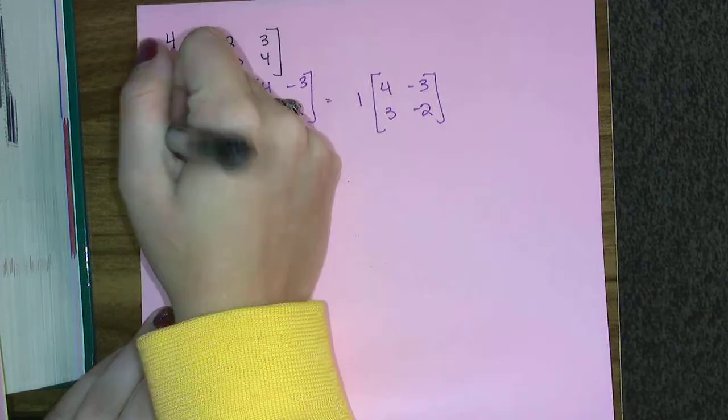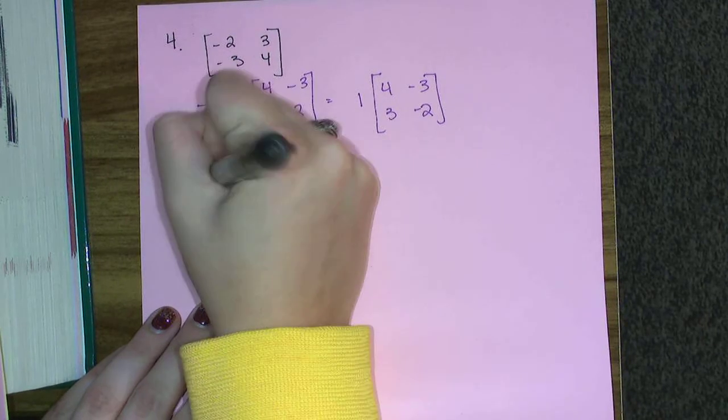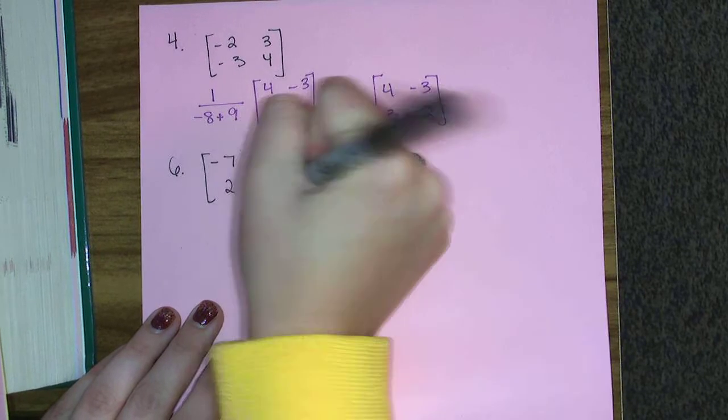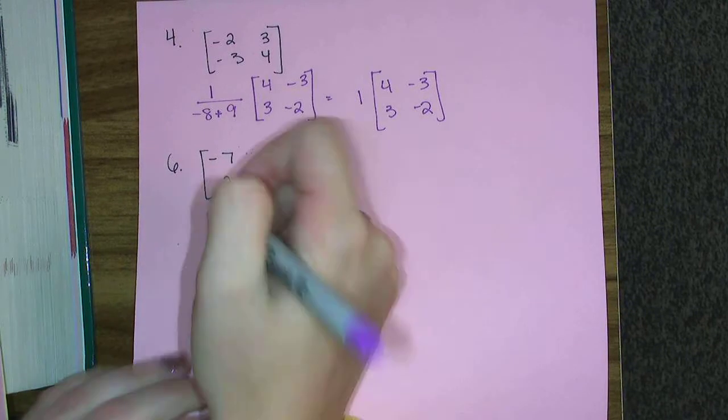So let's do number 6. So we have -7, -9, 2, and 3. So I need 1 over the determinant of this matrix. So what is the determinant?